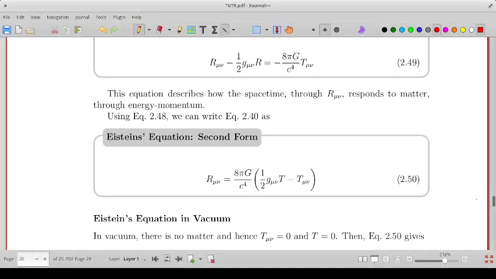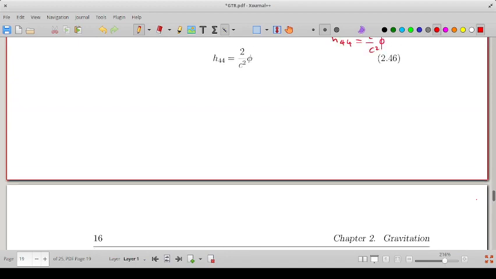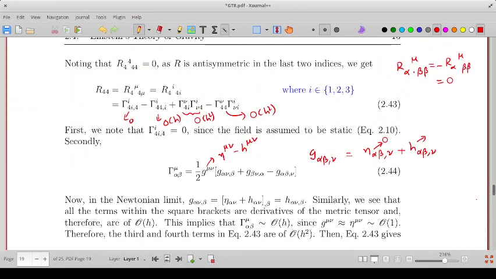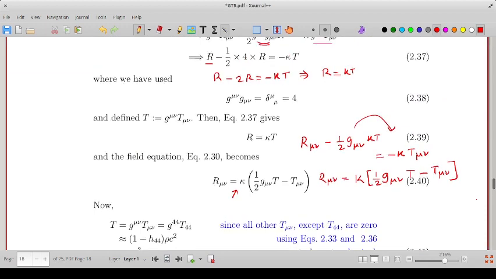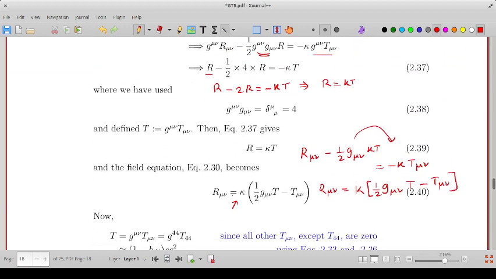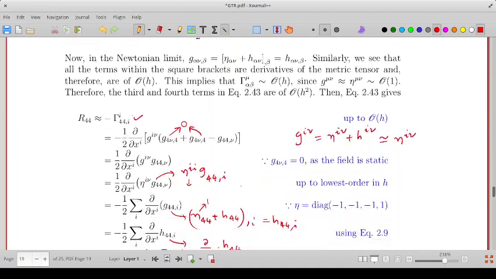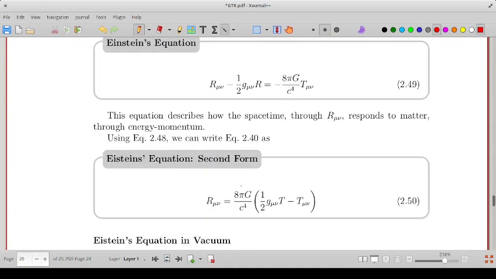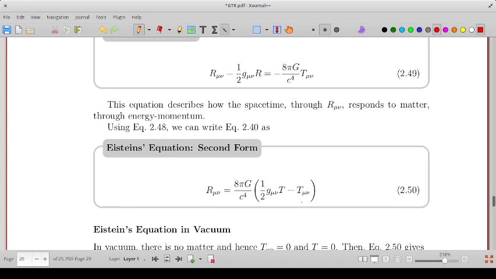Now we also had a second form of the equation, which was written earlier, and that is this equation: R mu nu equal to k times half g mu nu T minus T mu nu. So again, using the expression that we just got for k, that becomes R mu nu equal to 8 pi G by c to the power 4 times half g mu nu T minus T mu nu.